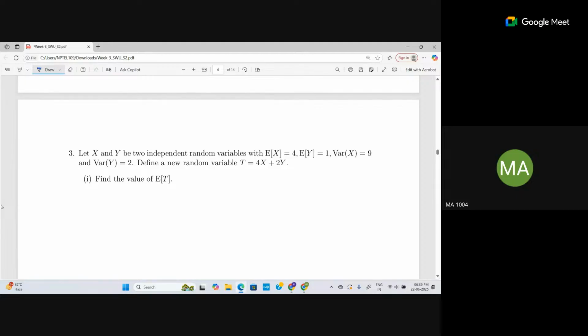So here, let x and y be two independent random variables. Expectation of x, expectation of y, variance of x and variance of y are given. And then we have defined a new random variable t, which is 4x plus 2y. So you have to find the value of expectation of t. Ma'am, 18.